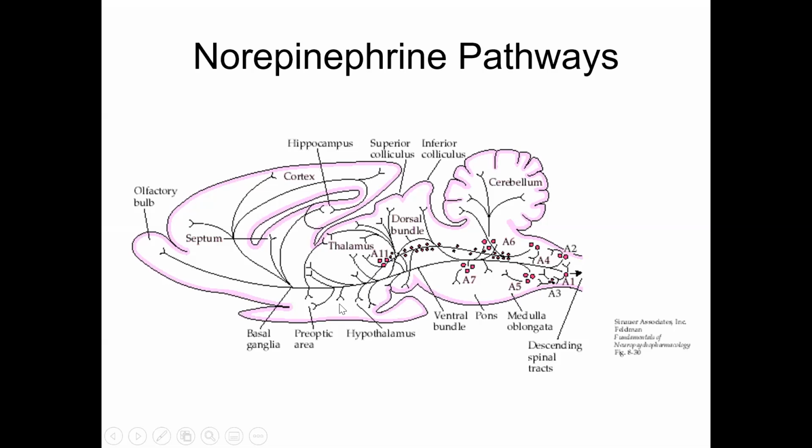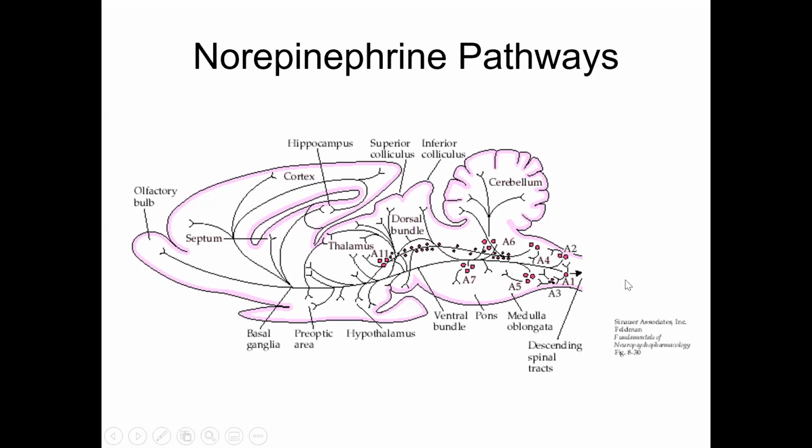Also coming out of here, these will go up into such places as the amygdala and then the preoptic area. And the ventral noradrenergic bundle will then project up into the olfactory bulb, into the septum, and then into the cortex. So that is A3, A5, and A7.